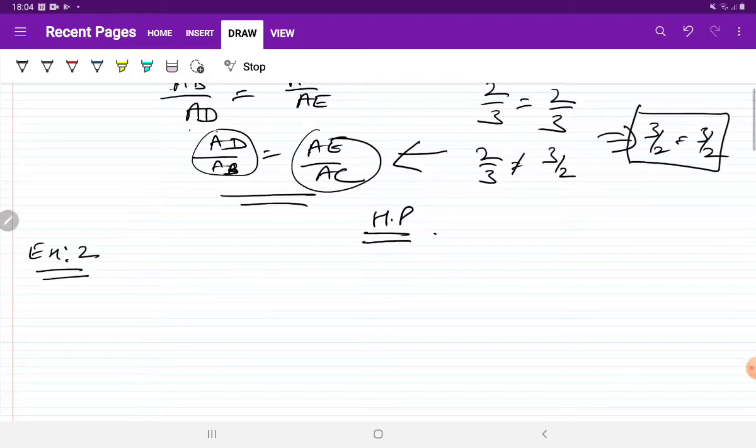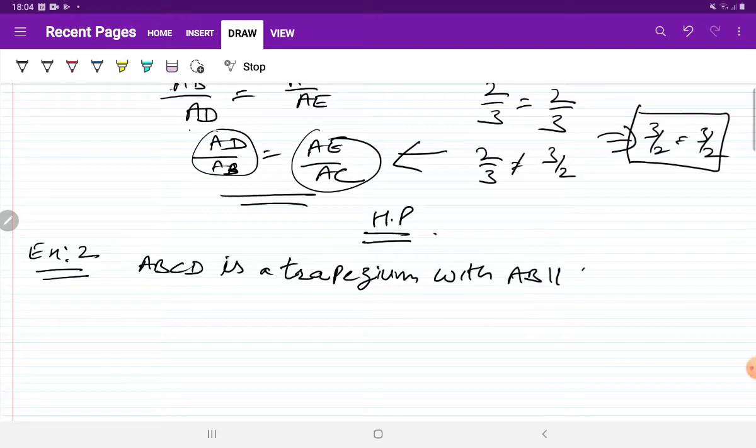That is, ABCD is a trapezium. Please write down the statement. ABCD is a trapezium with AB parallel to CD or DC.